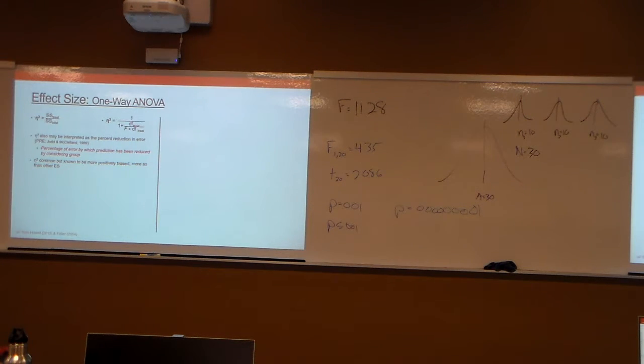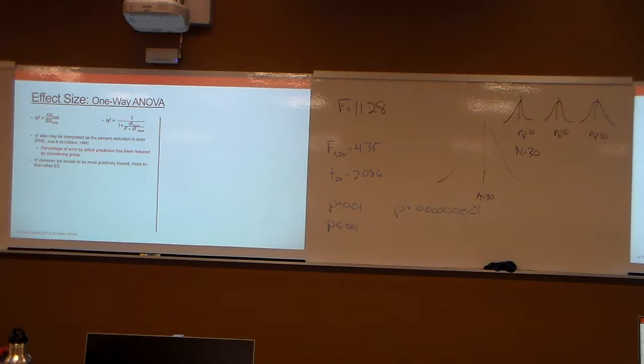So for this example that we went through, let's just say that our eta squared was 0.15. The practical interpretation would be: based on these data, temperature condition accounts for approximately 15% of the total variability in our outcome.